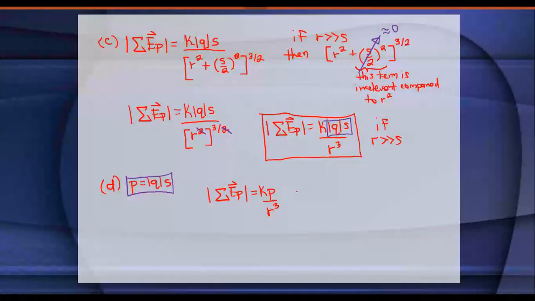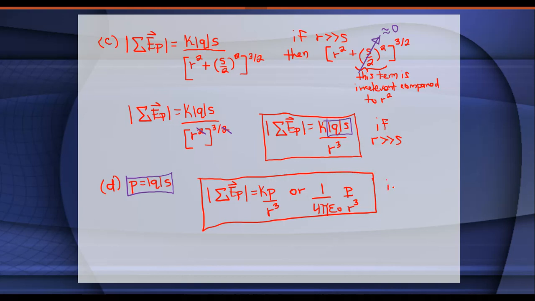Or if you wanted to, you could also write Coulomb's constant as 1 over 4 pi epsilon naught, times P over R cubed. Let's box that.